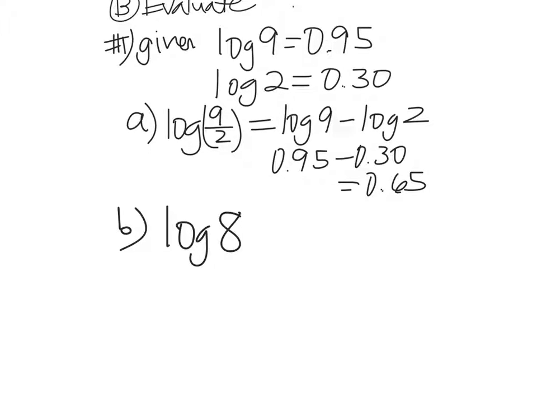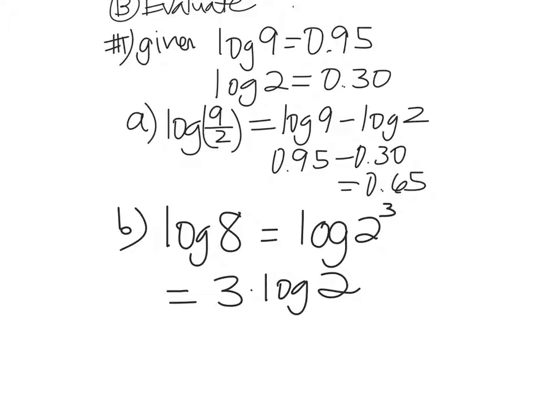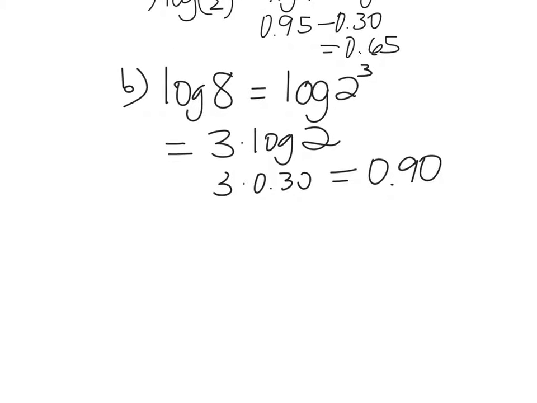So log of 8 is really log of 2 cubed, which is equal to 3 times the log of 2. And we know the log of 2 is 0.30, so this is just 3 times 0.30, which is 0.90. Fun, huh?